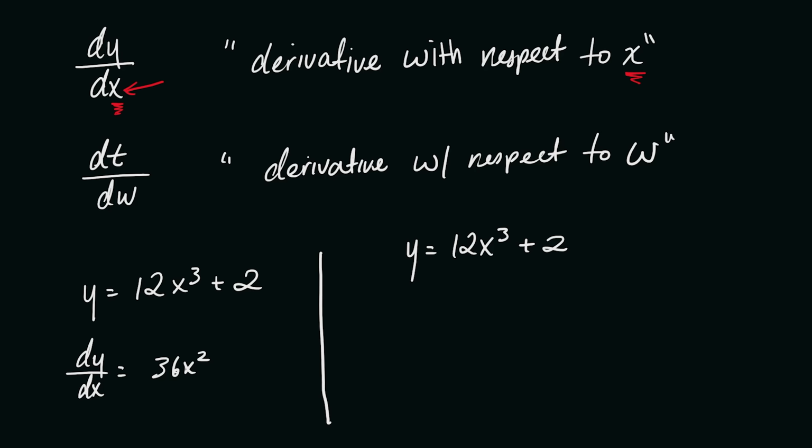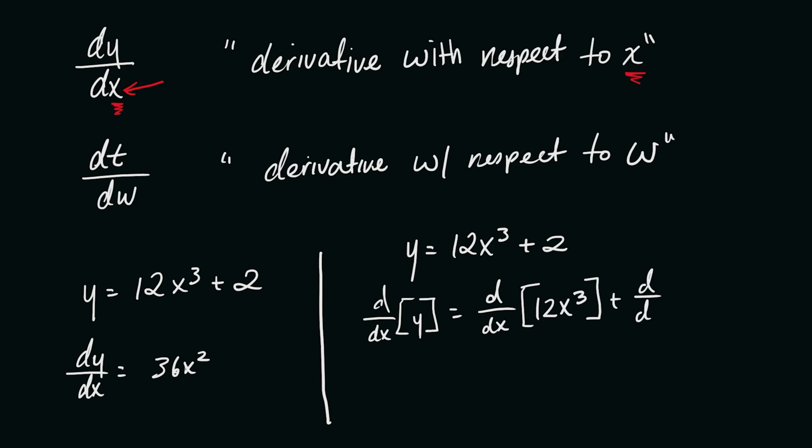So d over dx of y equals the derivative of 12x cubed plus the derivative of 2.